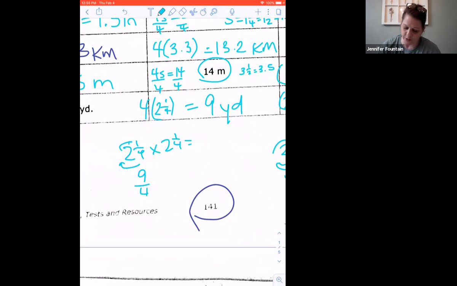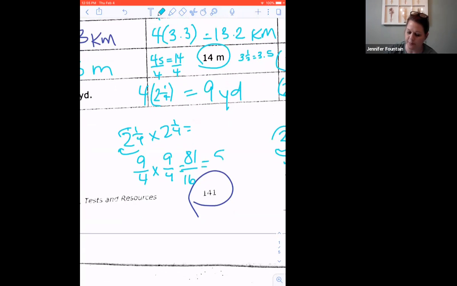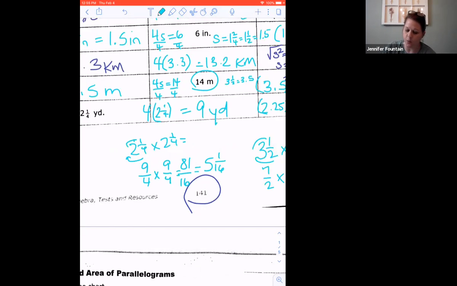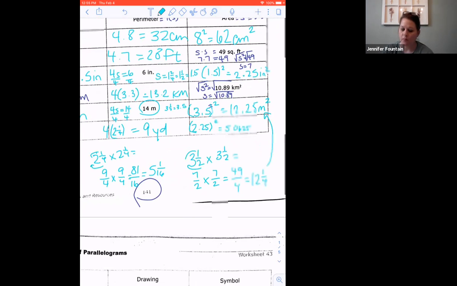So I have 9/4 times 9/4. 9 times 9 is 81. 4 times 4 is 16. 81 divided by 16, it'll go 5 times, but then I have 1 left over 16. So 1/16 is equal to 0.0625. That is 1/16 as a decimal. So you can either have it as a fraction or a decimal.